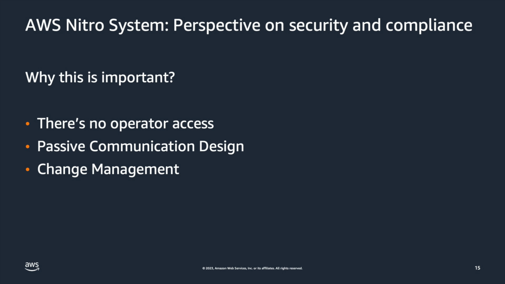Finally, all Nitro System related configurations and code changes are subject to multi-party review and approval, and staged rollouts are performed in both testing and production environments. A security review, in addition, is conducted by both the independent AWS security team as well as the Amazon EC2 engineering team for significant changes or features.